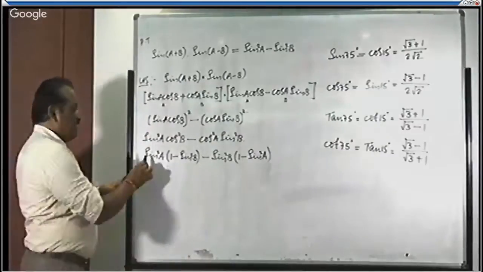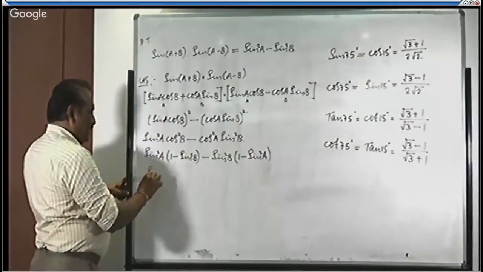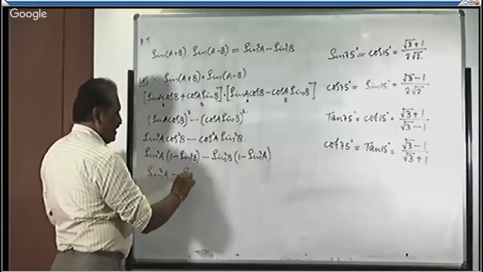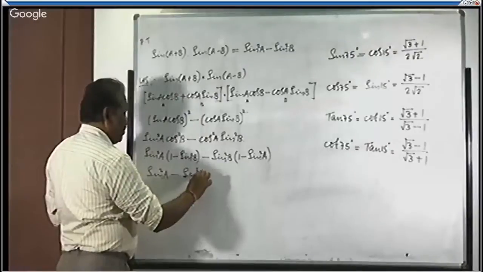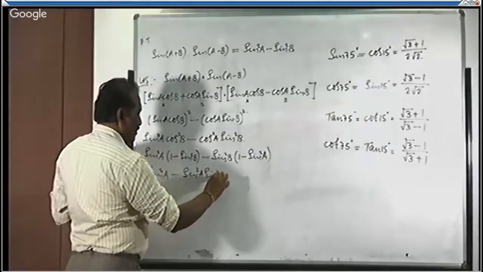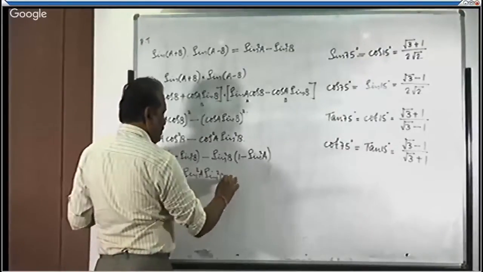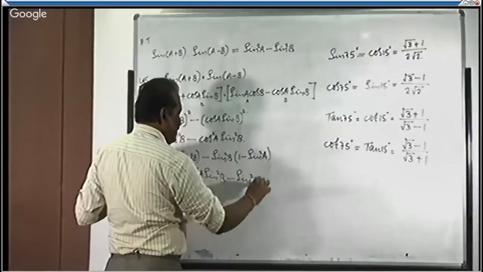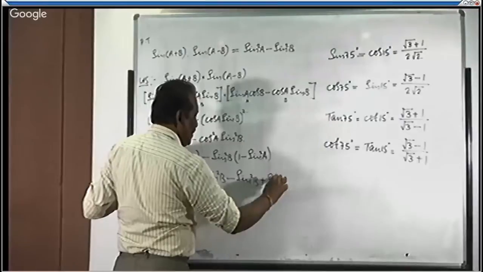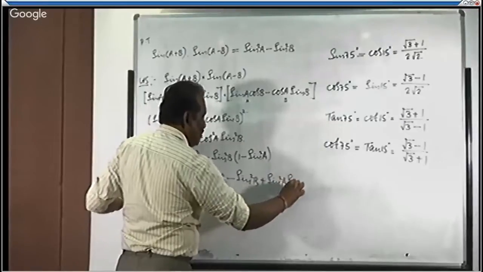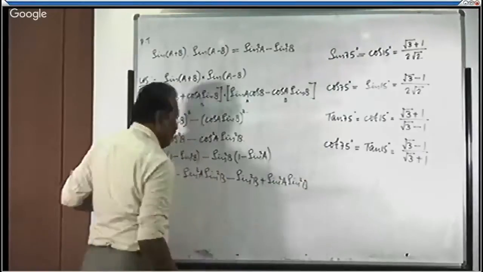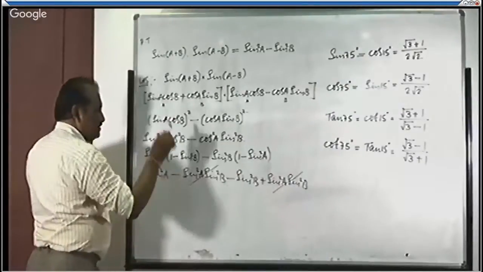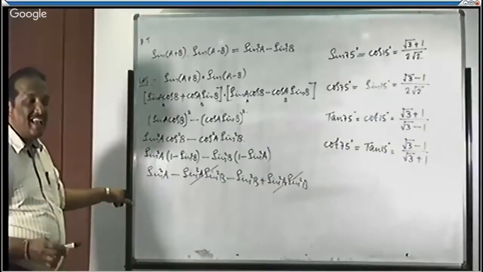Now sin square A into 1, it is sin square A minus sin square A sin square B. Now minus sin square B into 1 is sin square B. Minus into minus plus, it is sin square A sin square B. Now plus sin square A sin square B minus sin square A sin square B gets cancelled each other.